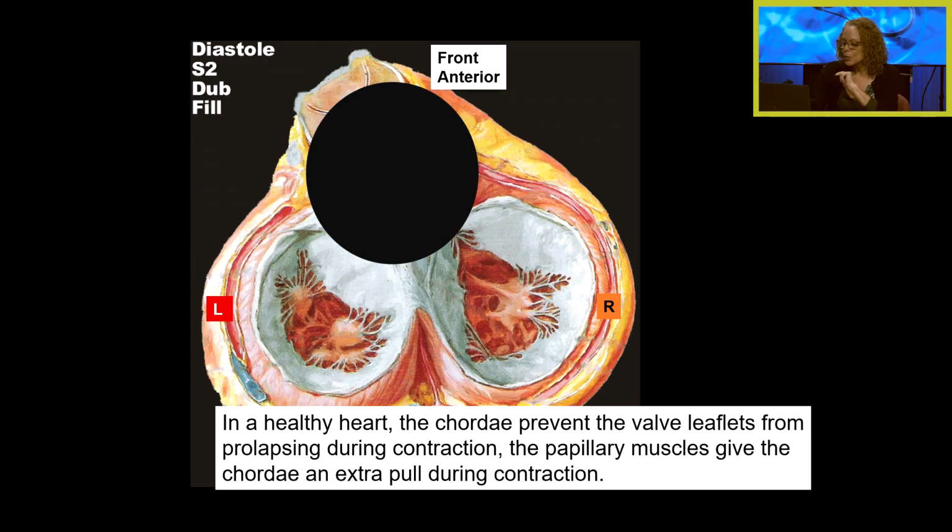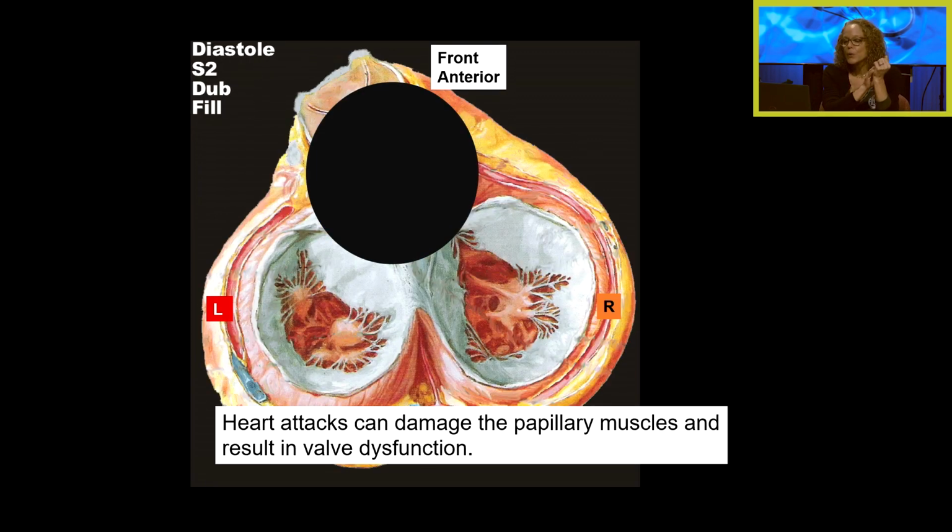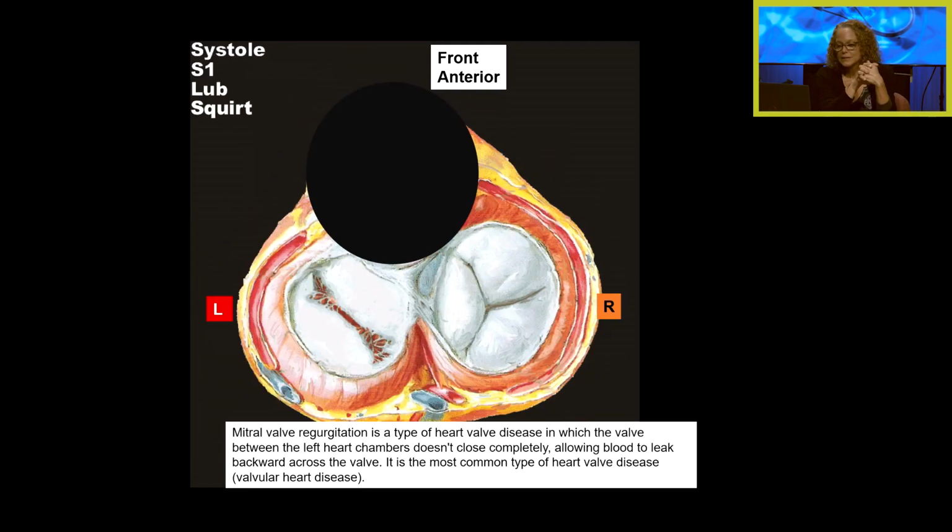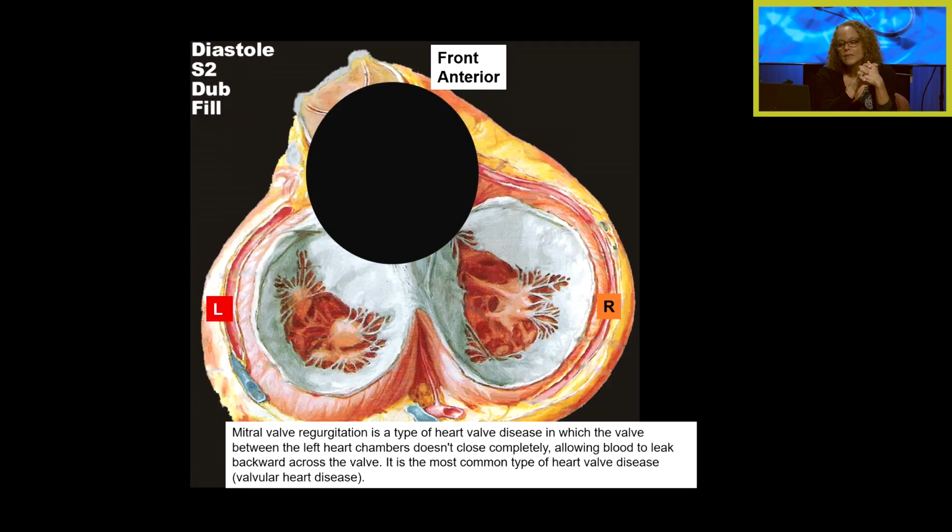All right? So what happens in a murmur is that a heart attack can damage the papillary muscles and result in a dysfunction of the valve. All right? So if you look here, you can see that one of these valves is not closing completely.